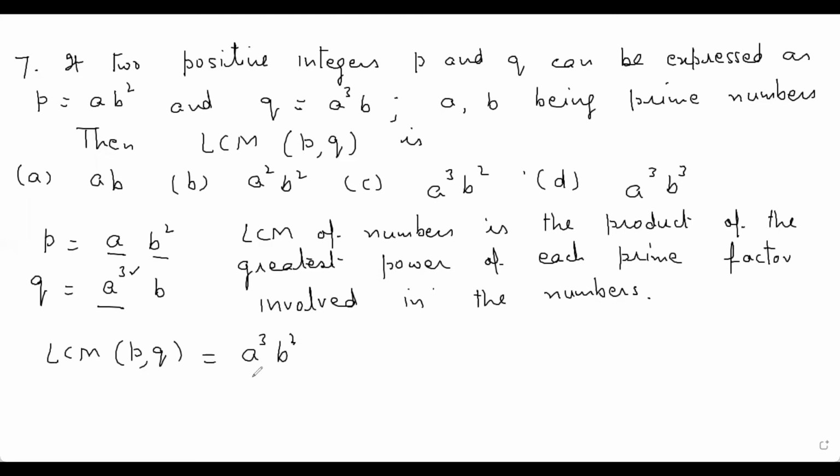So you take the product of the greatest power of each prime factor involved in the numbers. a is here, a is here, you find the greatest power. Similarly b is here, b is here, you find the greatest power, that is b square. And their product will be the LCM of p and q. So the answer is a cube b square.